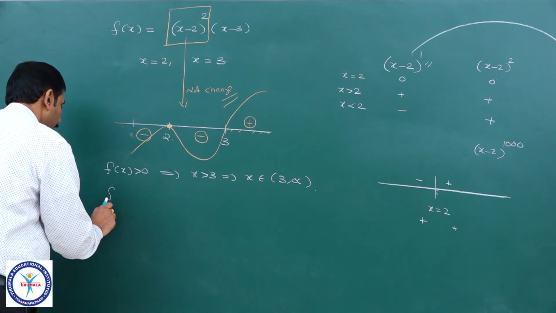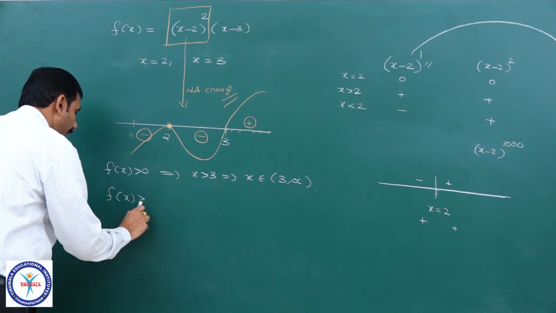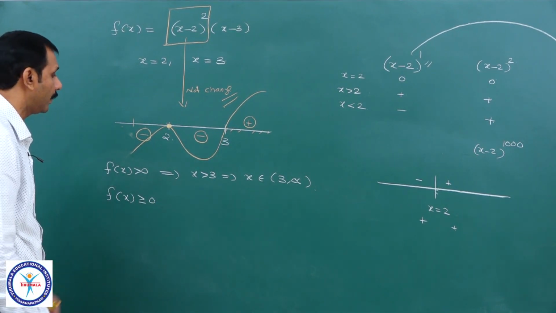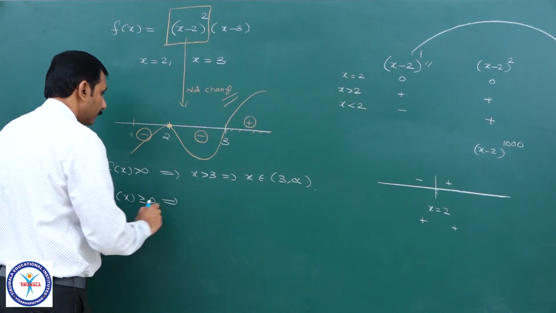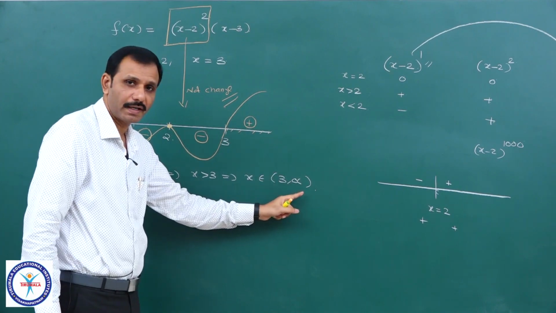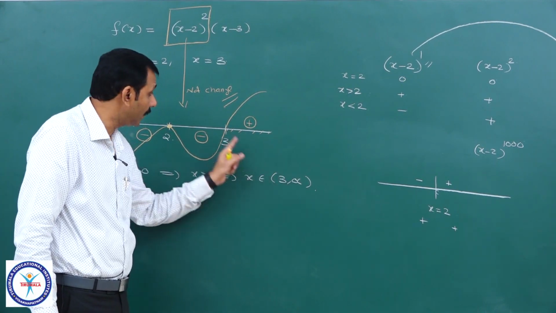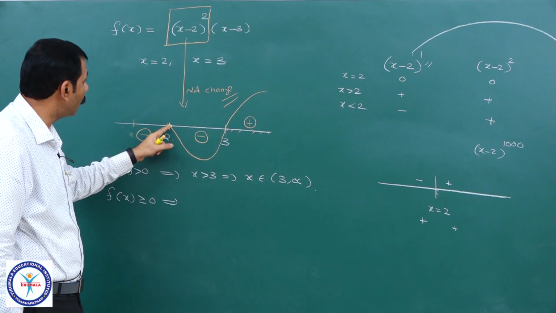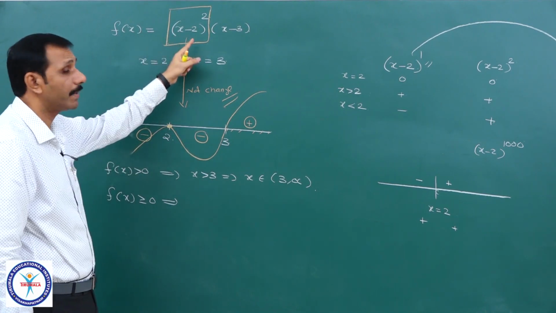Next, observe this carefully. If I want f of x greater than or equal to 0, yes, including 3 to infinity, but not only that, even at x equal to 2, if you substitute, this will become 0.